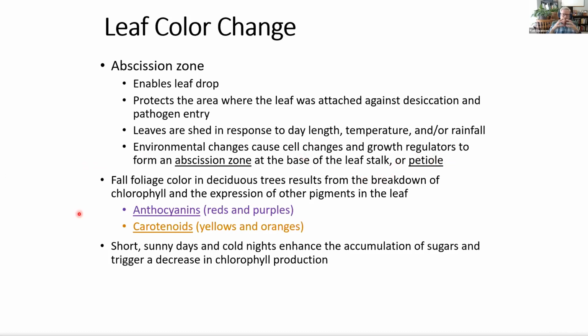Fall foliage color changes as a result of the breakdown of the chlorophyll. Remember, chlorophyll is a very complicated, large molecule, and so it begins to break down into its components. Think about taking down a scaffolding and moving it to the next job site. The boards might come off, the metal parts come off, the foundation comes out. Well, if each one of those were a different color and you added all those colors up, they might be green.